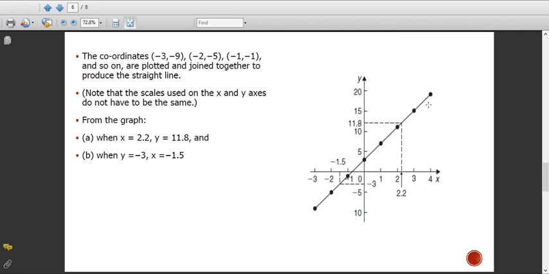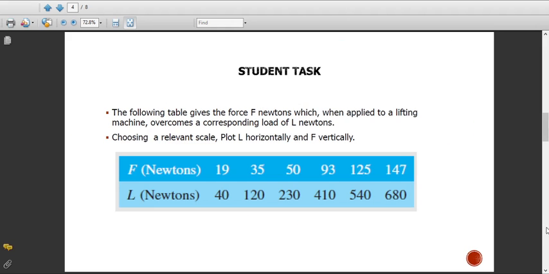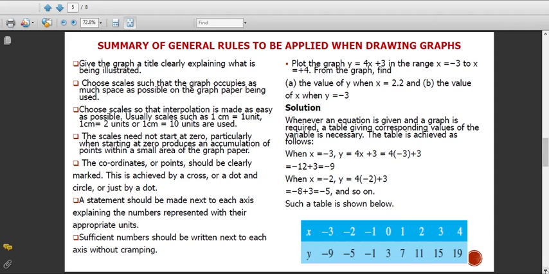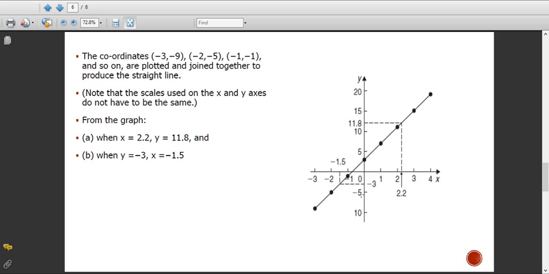So we come and plot our graph. Remember when x was -3, y was -9. We need to confirm that.